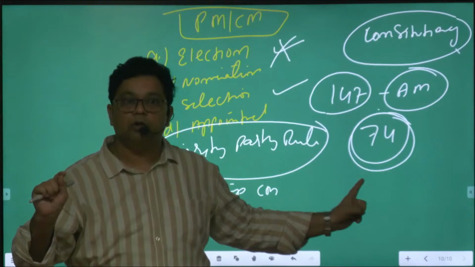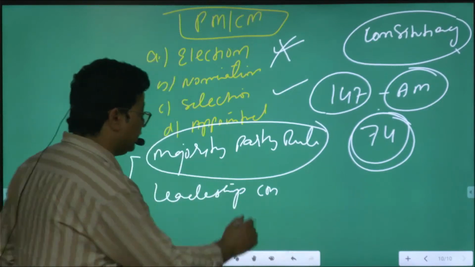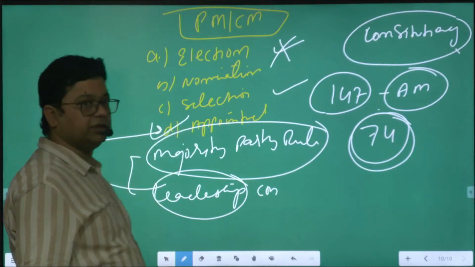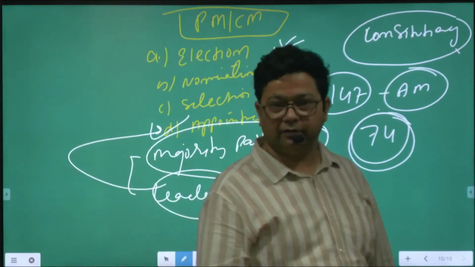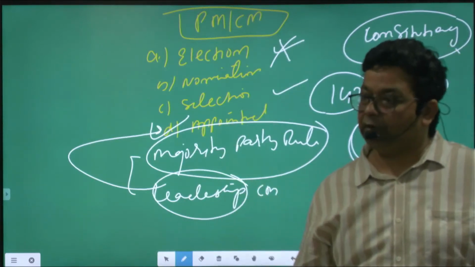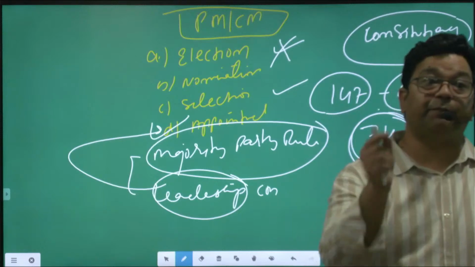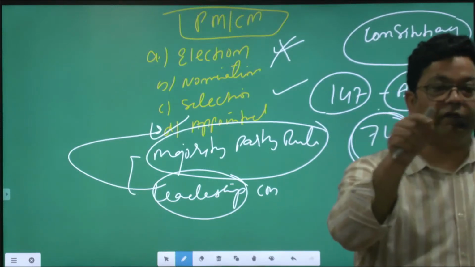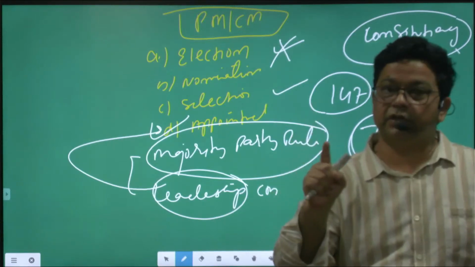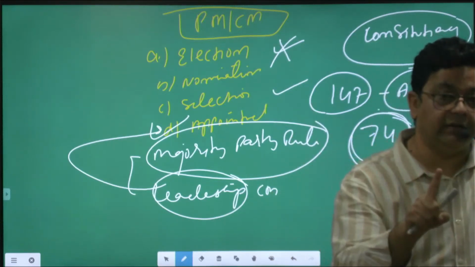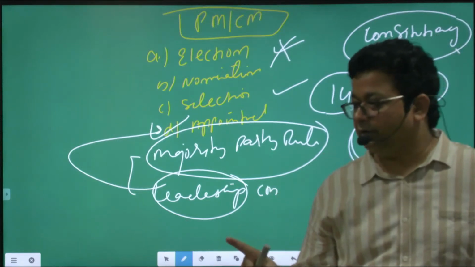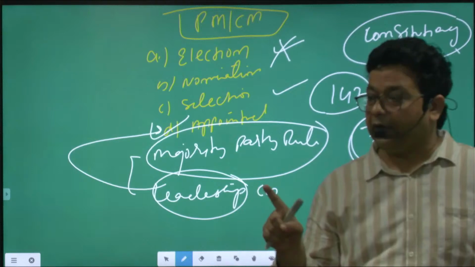And that leader of that majority party will be appointed as chief minister by the governor, or as prime minister of the country by the president. So prime minister or chief minister is appointed, not elected, not selected, not nominated.